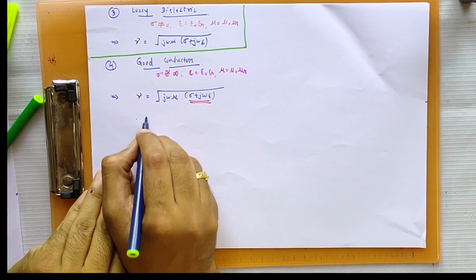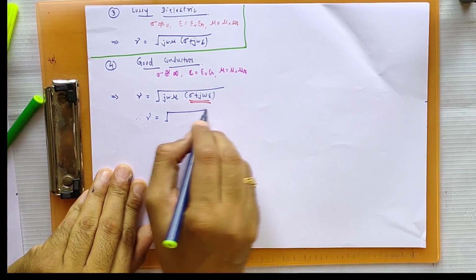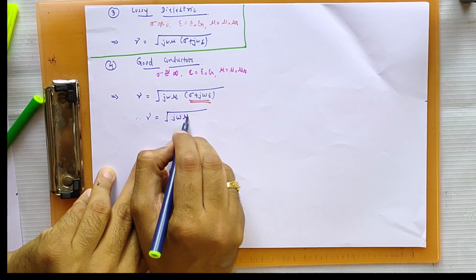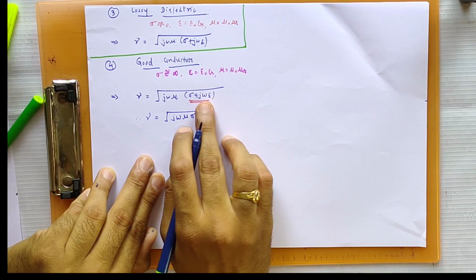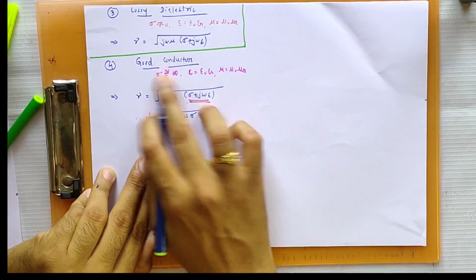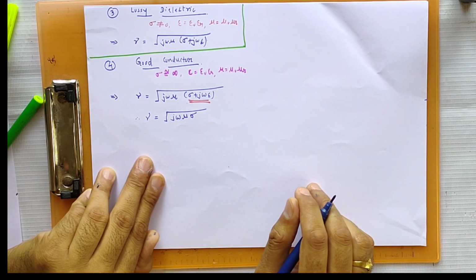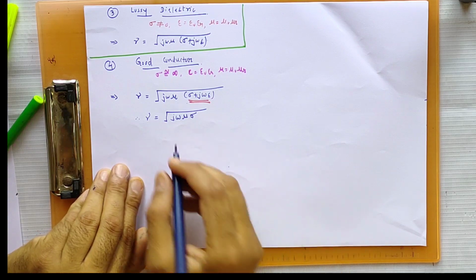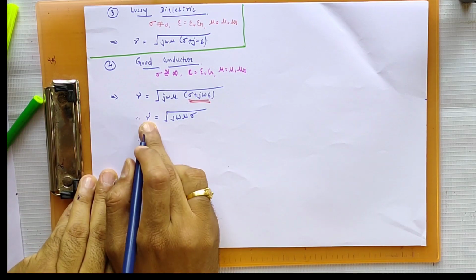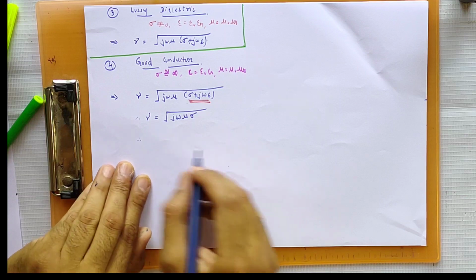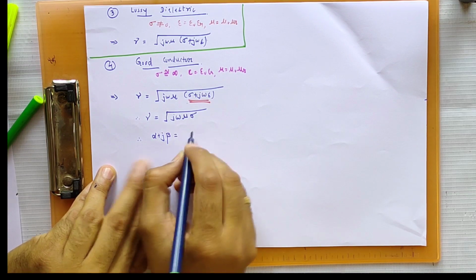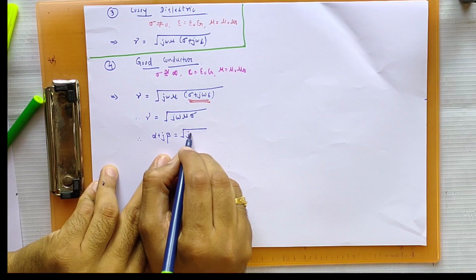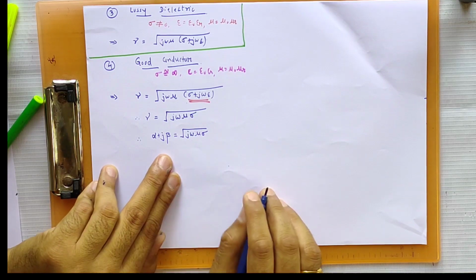So you may write square root of j omega mu sigma, because you can neglect the j omega epsilon term; ideally sigma is infinity, or at least very, very high. So what is the propagation constant gamma? Gamma equals alpha plus j beta equals the square root of j omega mu sigma.